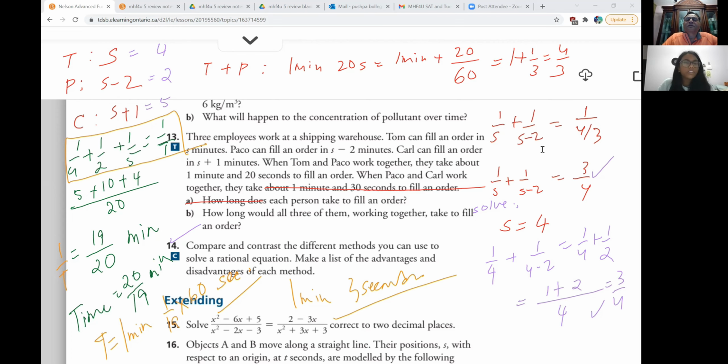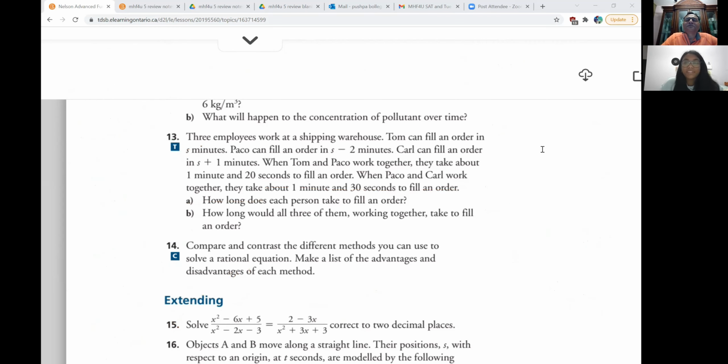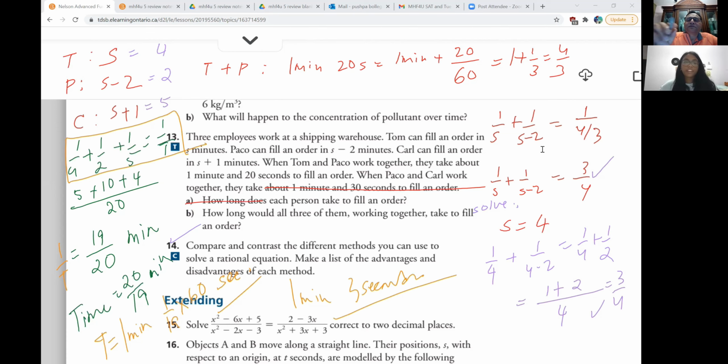Yes. One question, sir. Why did you multiply by 60 seconds again? Oh, to convert the minutes to seconds. So we got the time. Let me rewrite this, correct? So time was 20 over 19. So 20 over 19 gives me 1 and 1 over 19 minutes, right?